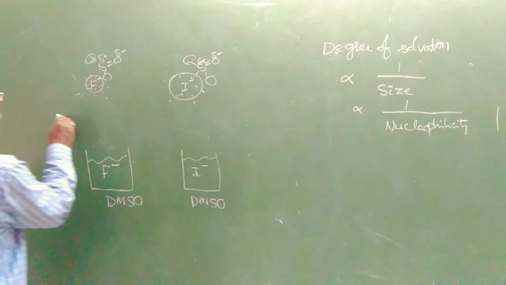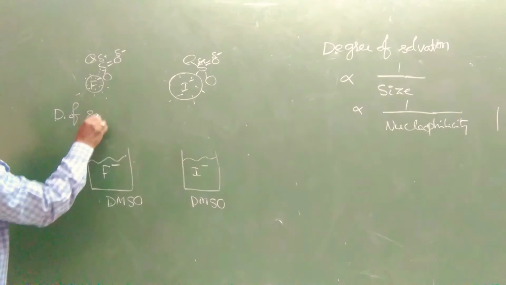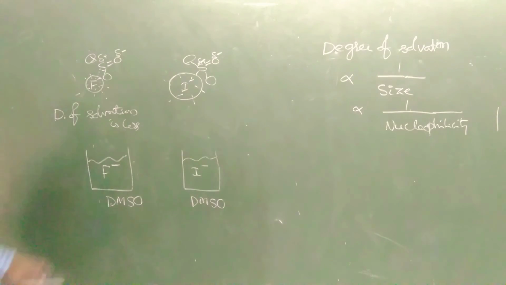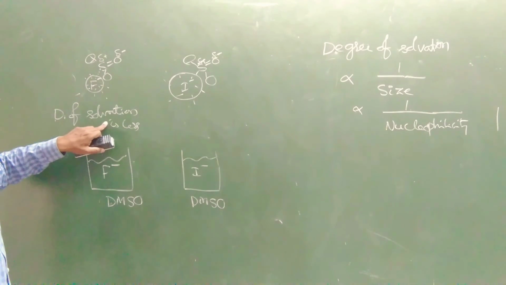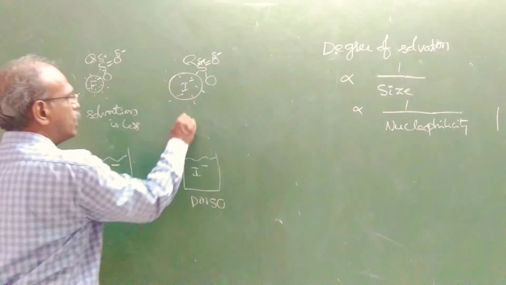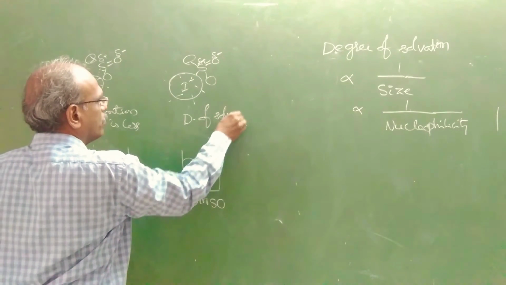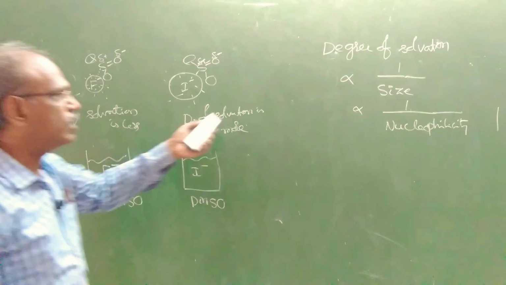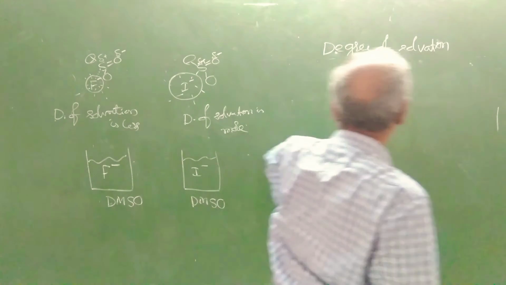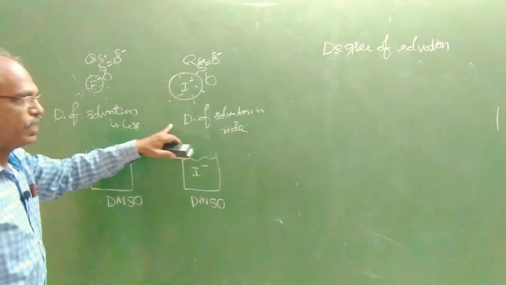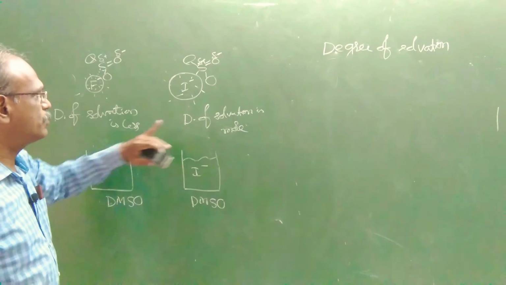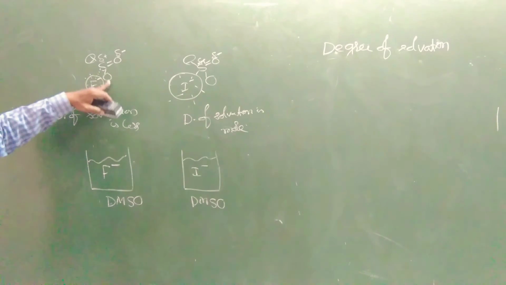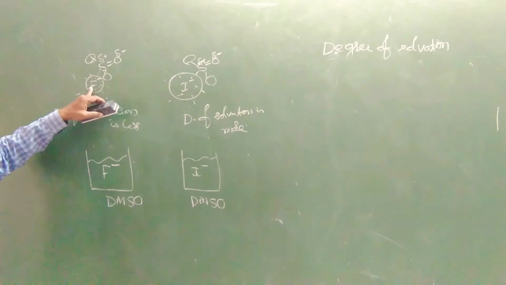Here the degree of solvation is more. If size is less, the degree of solvation is less here. Means the situation is different for protic, and we are talking about aprotic solvents. In protic solvents this condition is different. If the degree of solvation is less, it is surrounded by fewer solvent molecules.